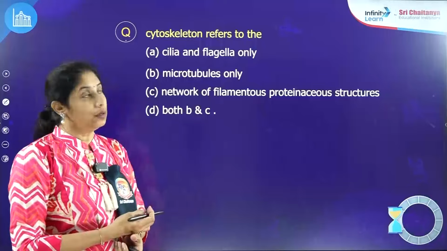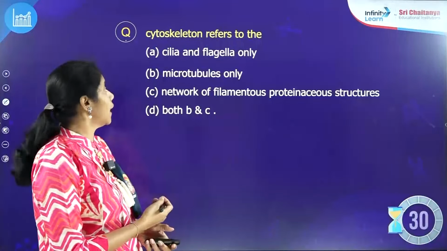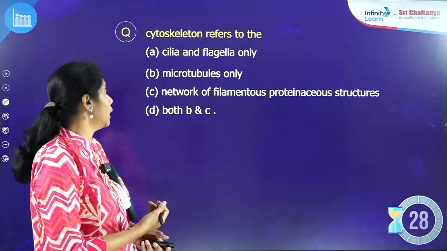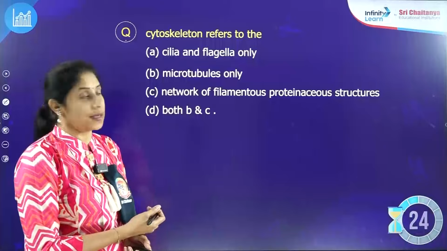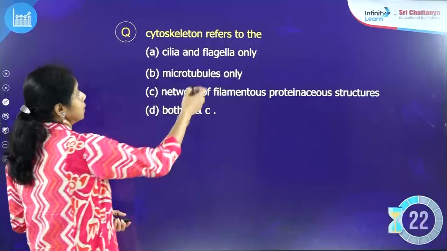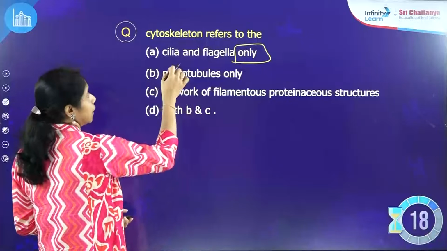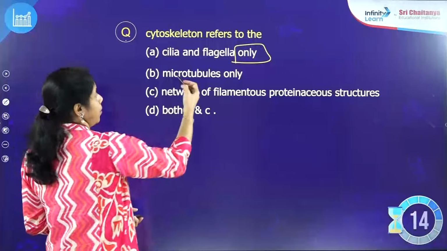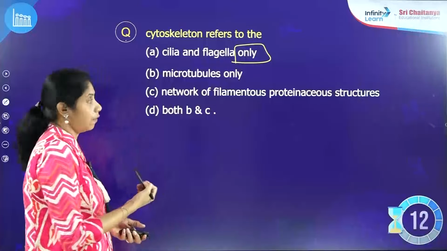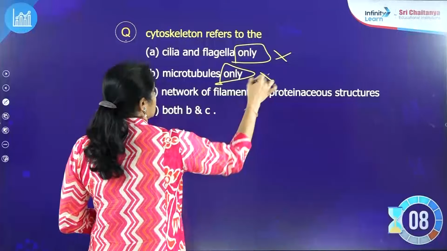Let us see the next one. Cytoskeleton refers to the cilia, flagella only, microtubules only, network of filamentous proteinaceous structures, or both B and C. In this, the word only is incorrect. Cytoskeleton does not refer to cilia and flagella; microtubules form the cilia and flagella. Microtubules only is also not correct.